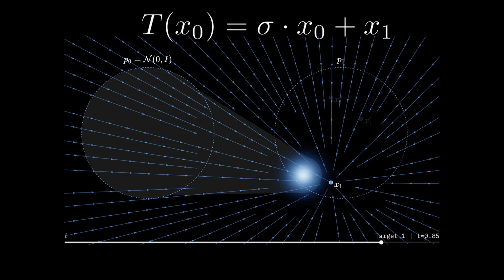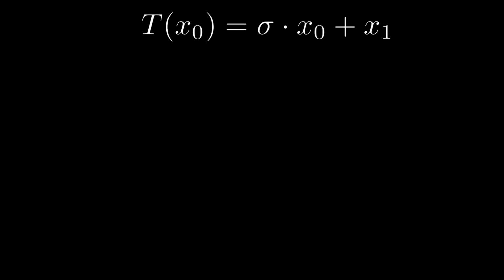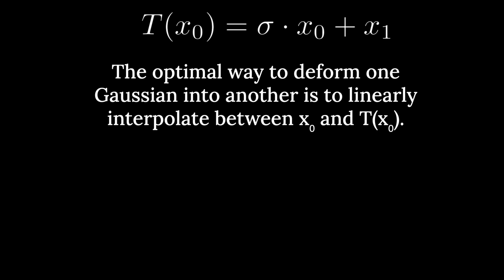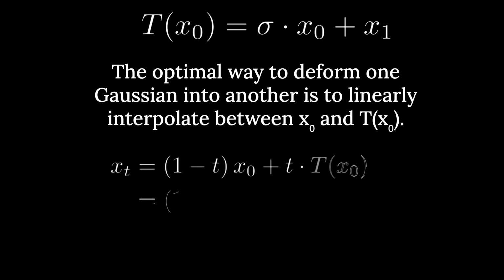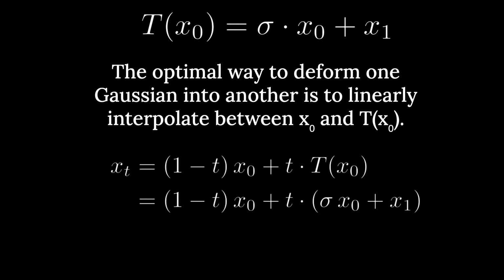But this map only tells us about the endpoints. In order to gradually morph one density into another, we can use a result that dates back to 1997. It tells us that the optimal way to deform one Gaussian into another is to linearly interpolate between x0 and its image t of x0. This gives us an expression for all the intermediate points xt on the conditional path.